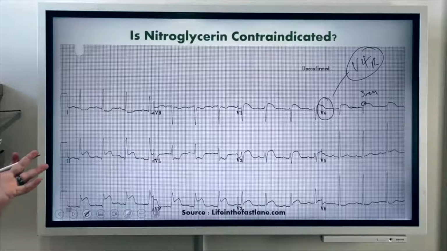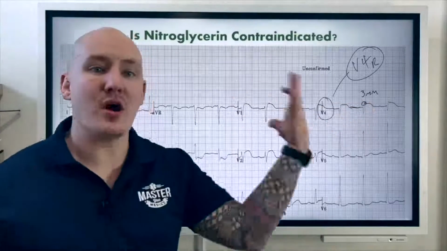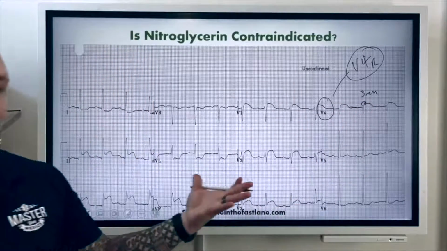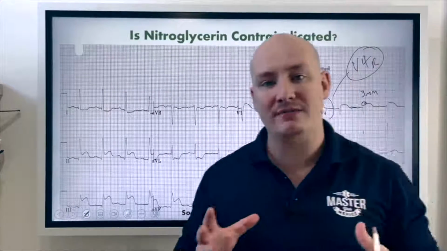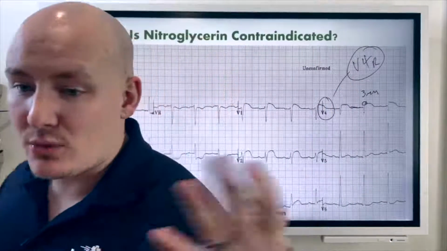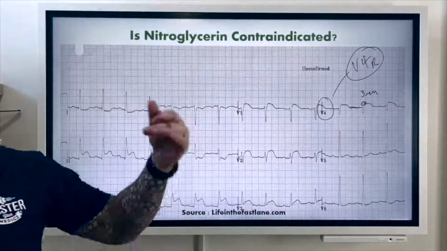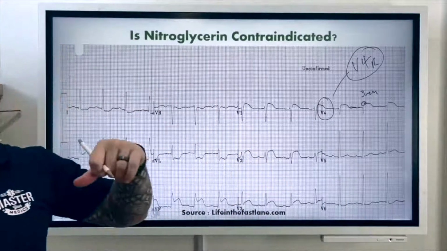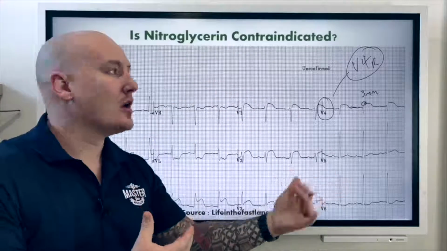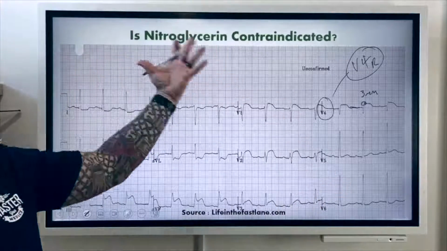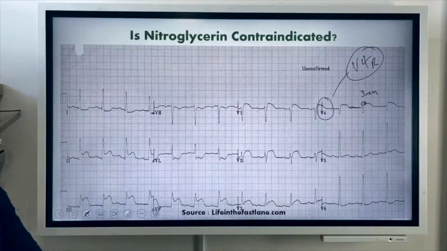So in this particular case, if we know that that right ventricle is damaged, then nitroglycerin is contraindicated, because we know that if the right ventricle is this damaged, then they are 100% absolutely preload dependent and require the avoidance of nitroglycerin and require preload, which we know nitroglycerin is going to cause a decrease in.